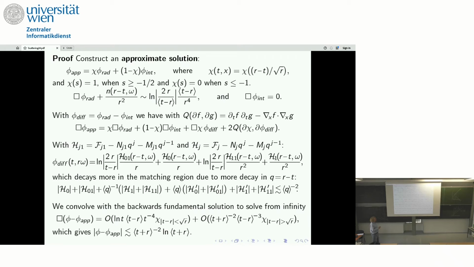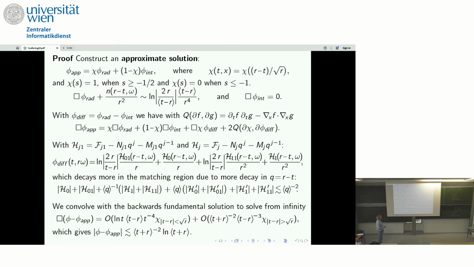And for this we have a good estimate, because we subtracted off all these terms, Q and so on, from F0. So you get an approximate solution such that phi, the real solution to our problem, minus the approximate solution is decaying like t to the minus 4, essentially.